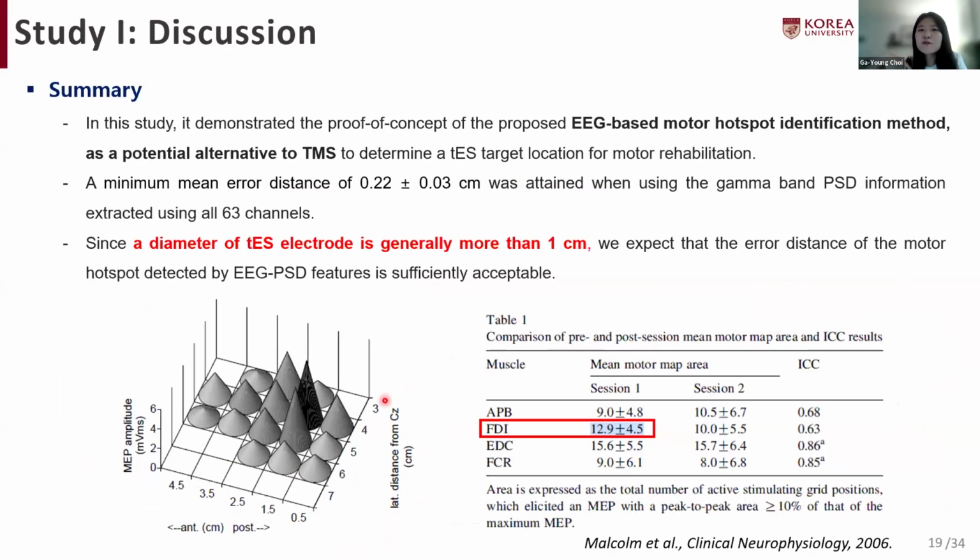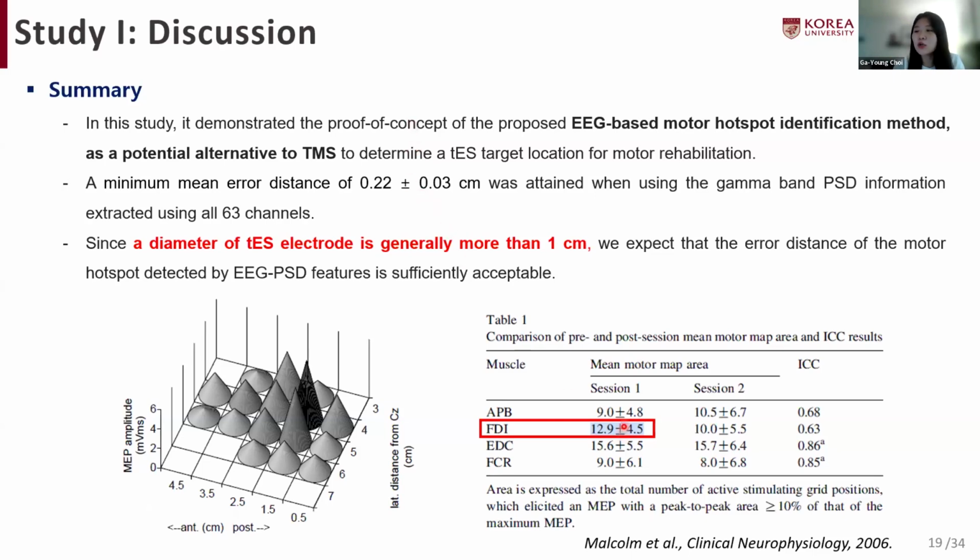So in the first study, we proposed a novel EEG-based motor hotspot identification method using an artificial neural network model as a potential alternative to TMS to determine TES target location for motor rehabilitation.